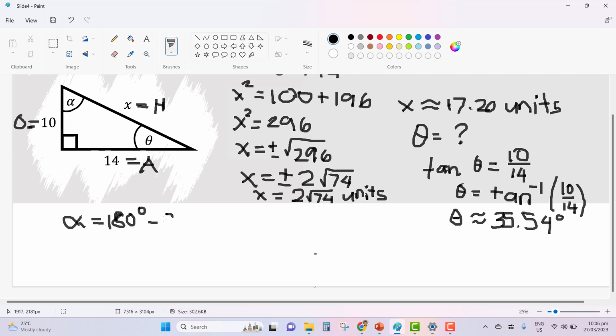So we simply subtract the already given 90 degree angle here and the computed value for theta, which is 35.54 degrees.